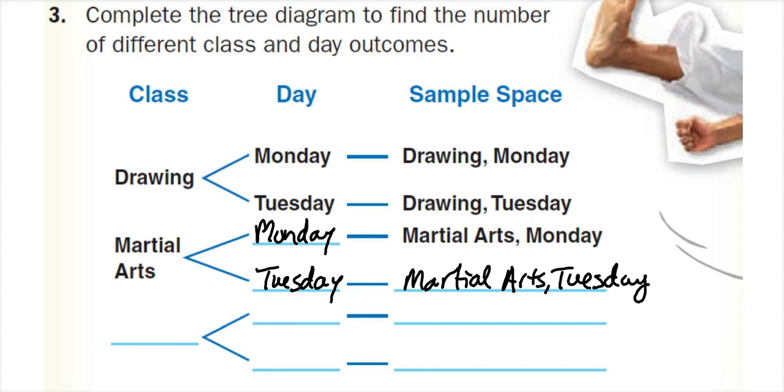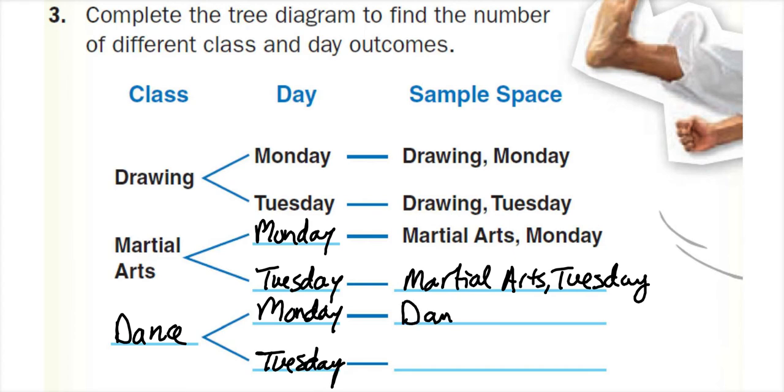All right, and then the last one he wanted to do was dance. And he could do this on Monday or Tuesday. So that would mean dance Monday or dance Tuesday.